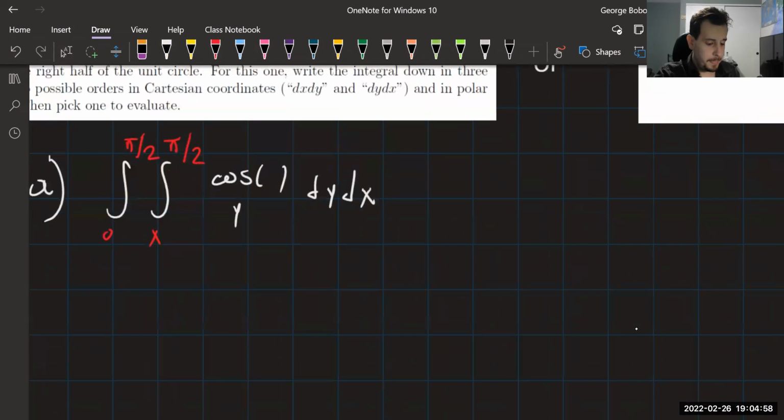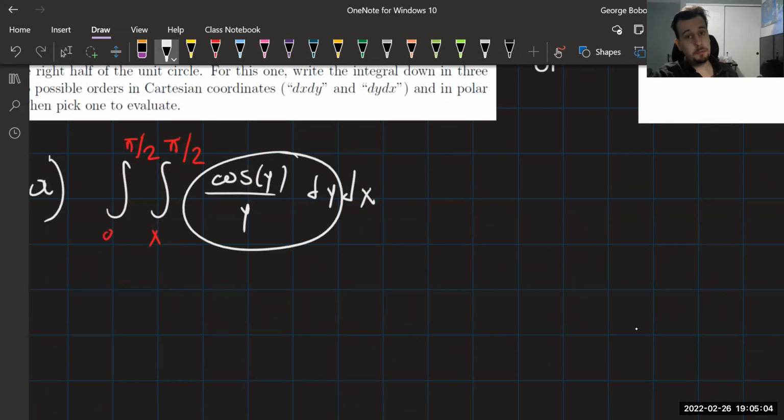So I'll tell you why. There is no way that we can integrate this bit with fundamental functions. You can try any substitution, any trick from the book that you know, like trig sub, u sub, whatever the heck you want. You can try it and see that you will not be able to actually do anything.